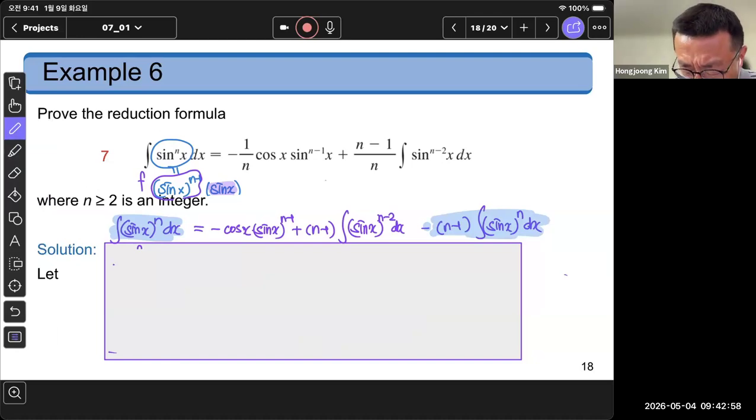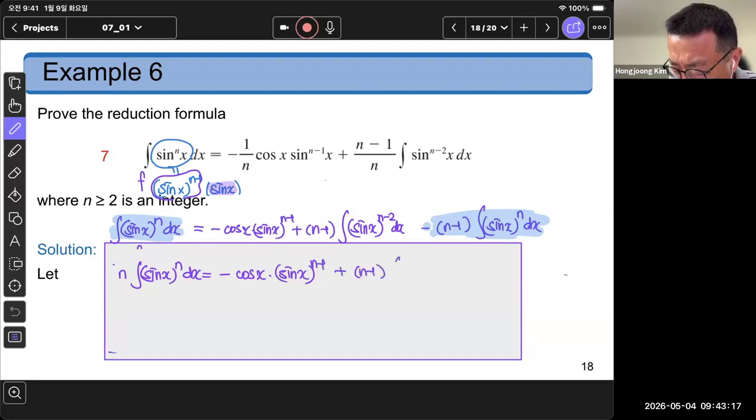I have n times the integral of sine x to the nth dx will be negative cosine x times sine x to the n minus 1 plus n minus 1 times the integral of sine x to the n minus 2 dx.